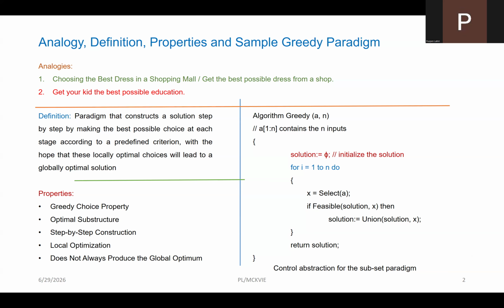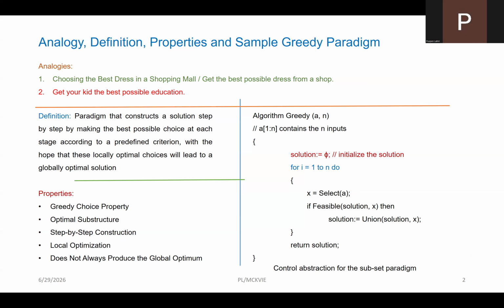One thing that I must mention: I have given the second analogy, which was related to visiting a shopping mall and buying clothes, where I told that in spite of all your purchase smartness, you are left with a mediocre choice. So not every time does the greedy algorithm, though it is fast and simple, guarantee the global optimal solution.